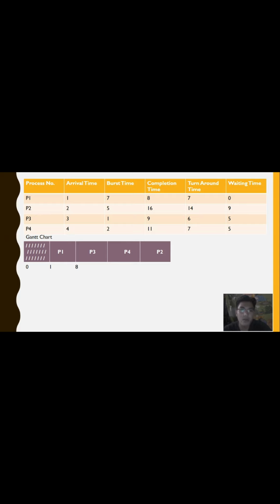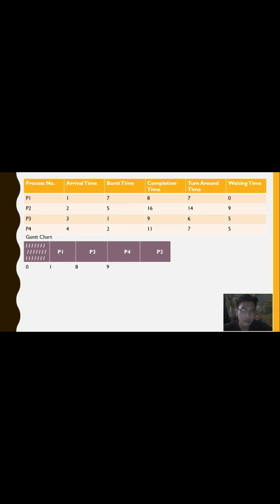Then in order for us to proceed to the next process in shortest job, we have to pick the least available one. Our basis is the burst time. So we have here the P3. So we pick P3.